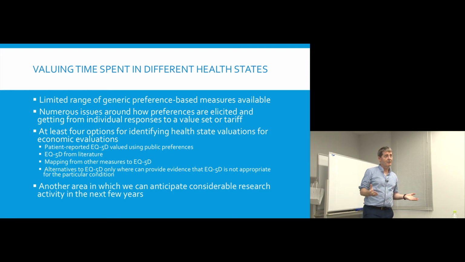And so there's an argument that we know what a restriction on mobility is. We know what pain is. And so is that not enough? Can individuals, the public, us, you, me, can we not reasonably imagine what a particular combination of these dimensions would be like?